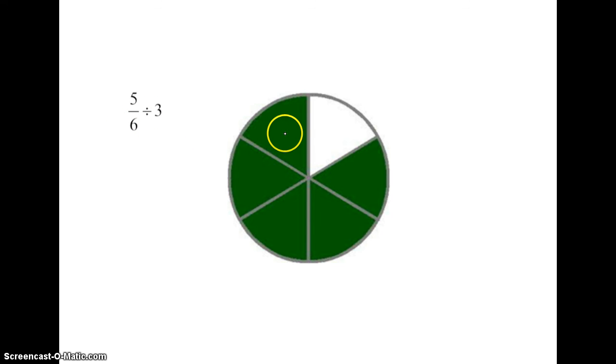So that means we're going to take each one of these sections and divide it by 3. Let's do that. So we're going to divide this by 3. We divide this by 3, this section by 3, this section by 3, and this section by 3.